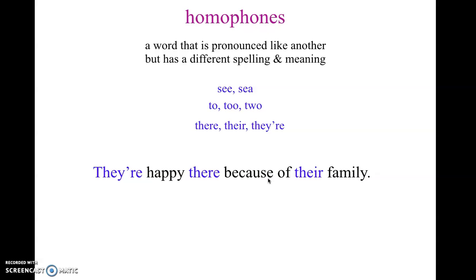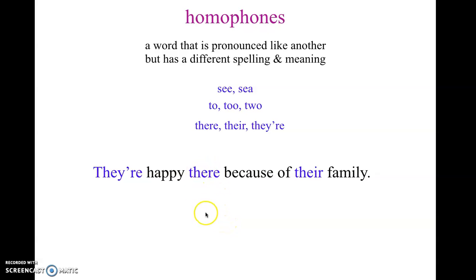The third popular homophone group, their, there, and they're, and another silly sentence for that one. They're happy there because of their family. So the first one is a contraction. We've talked about this before. You see the apostrophe. This tells us there is a letter or letters missing. In this case, an A. They are. This there is a place. So they're happy there, maybe in Ohio.